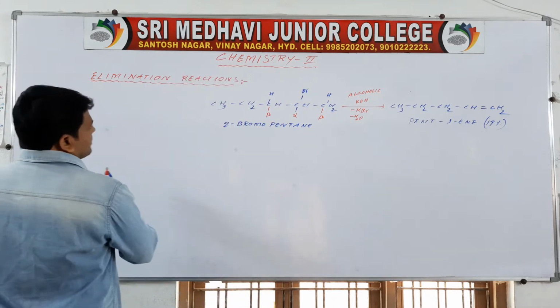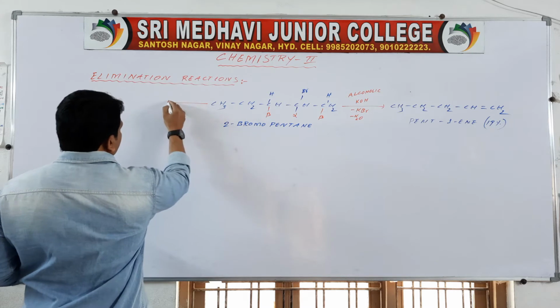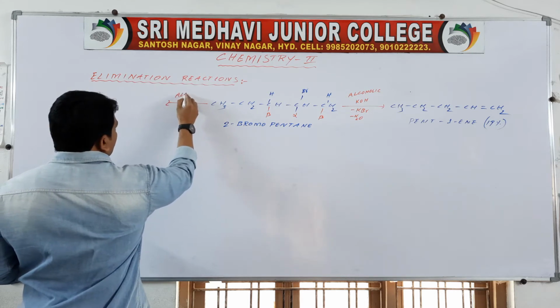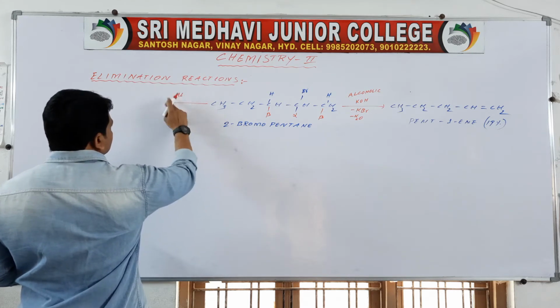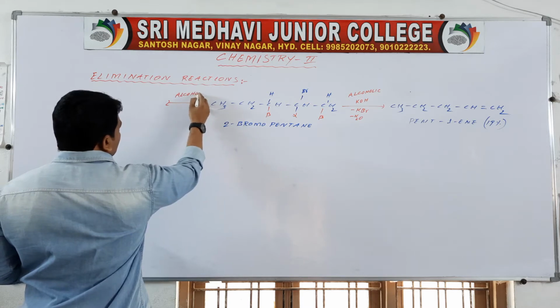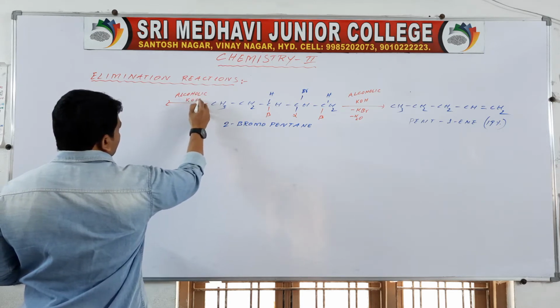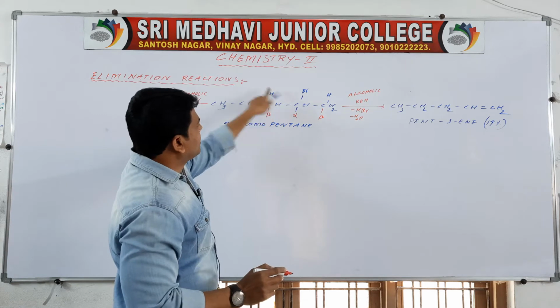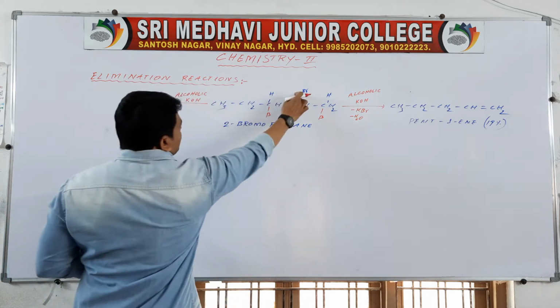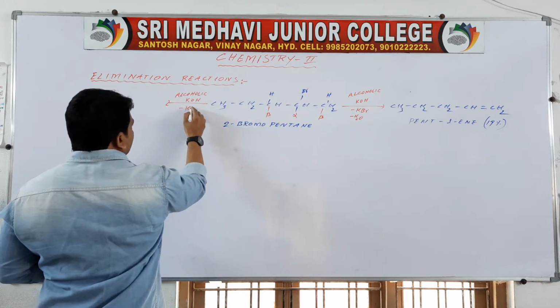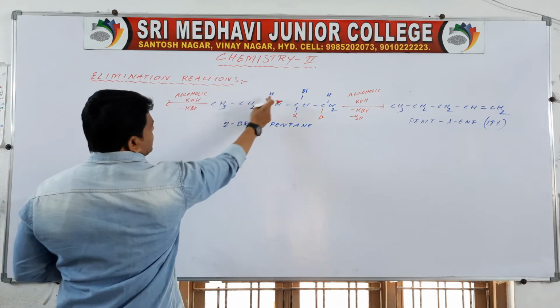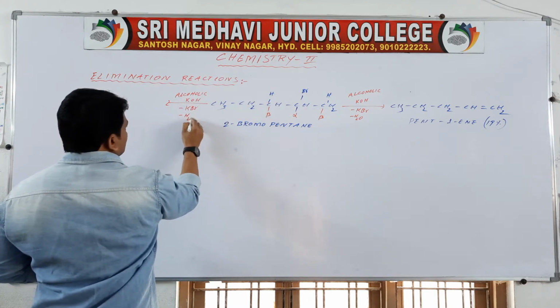If you add alcoholic potassium hydroxide, here the beta carbon is eliminated. KBr is removed, and OH and H are removed as H2O.